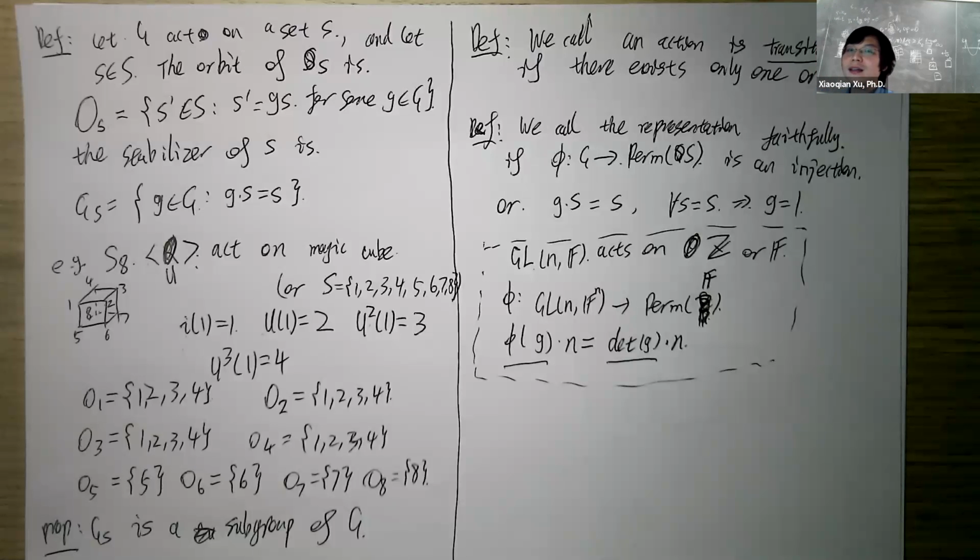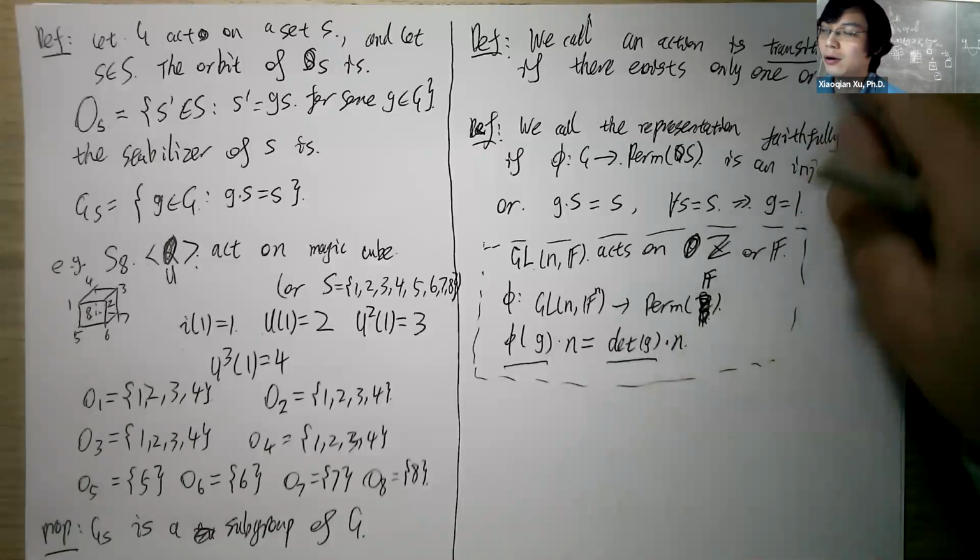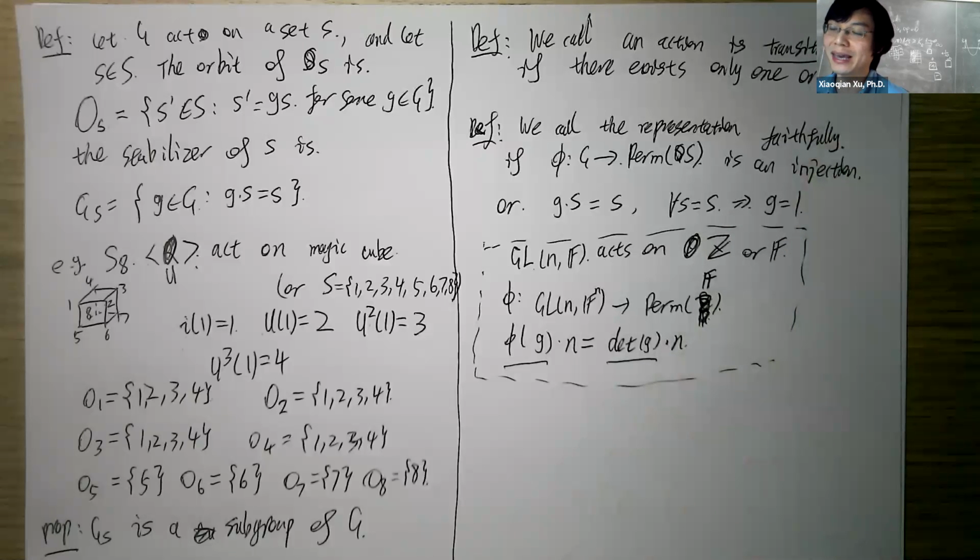Okay, again, these two definitions sound very twisted, but this is just some language so that we do not have to repeat this kind of proposition of an action or a representation again and again in the future.